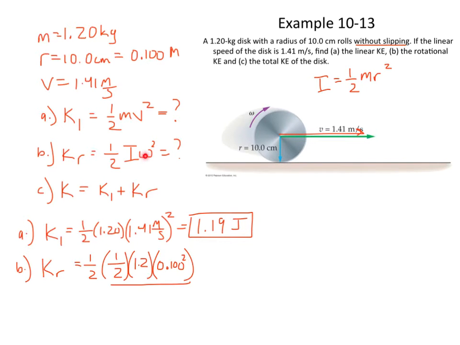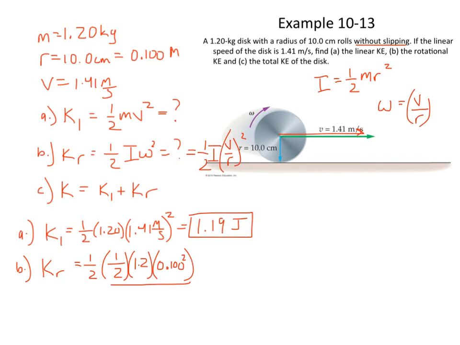Now we can calculate omega, or if we know that the angular velocity is simply the linear velocity divided by the radius, why don't we just put that in and square it? Let me write it over here. That equals 1/2 I times v over r, that whole value squared.